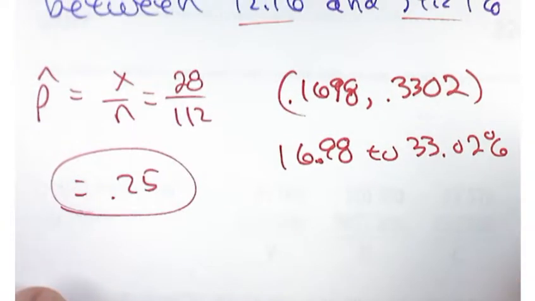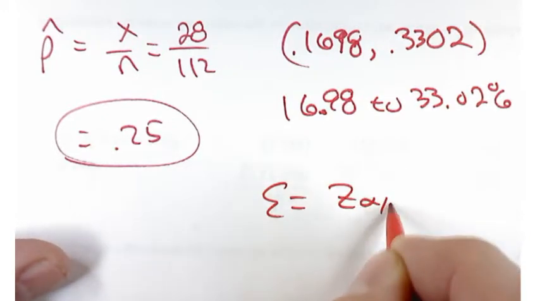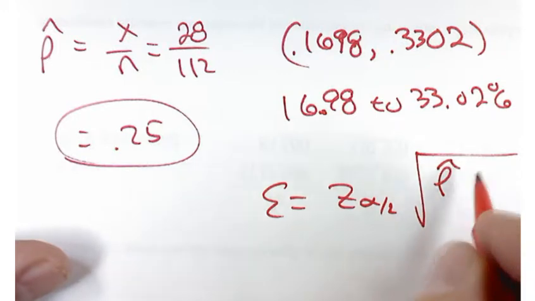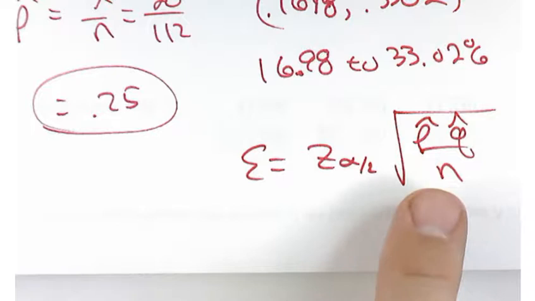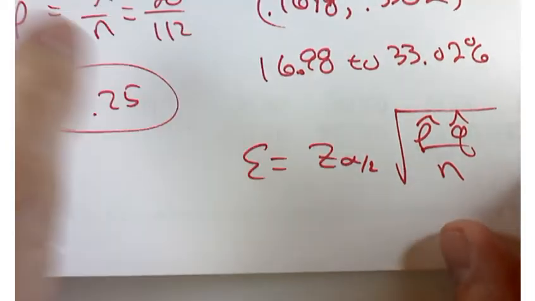What you need to do is adjust the sample size, because your error term looks like this, that E term. If you adjust your sample size, we can make this sample big enough to control that error.